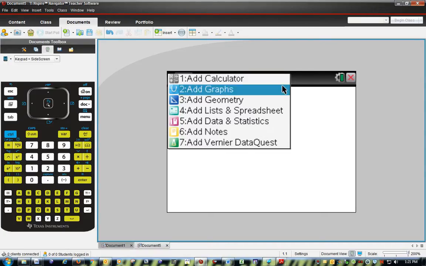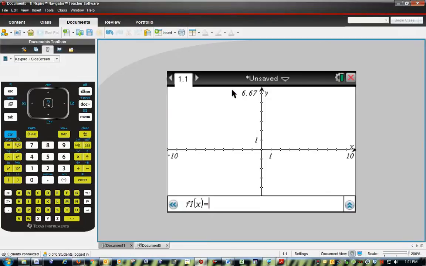Oh, no, that's wrong. That's g, and that's f. You can go to points and lines, or you can go to analyze graph. That might be easiest. Actually, no. No, hold on. You're in the graph.